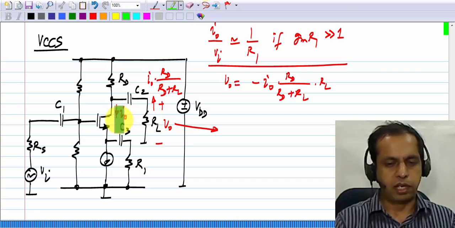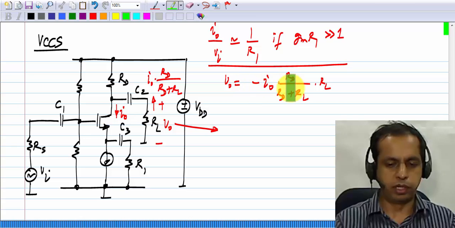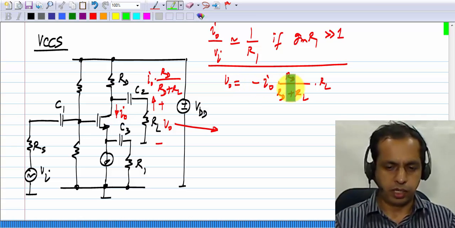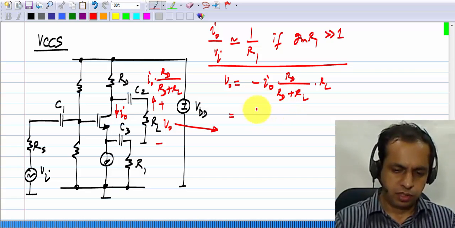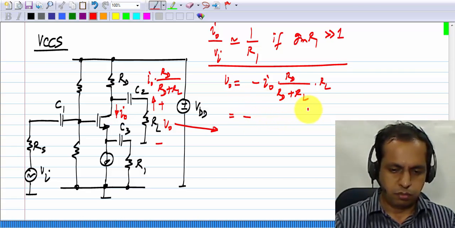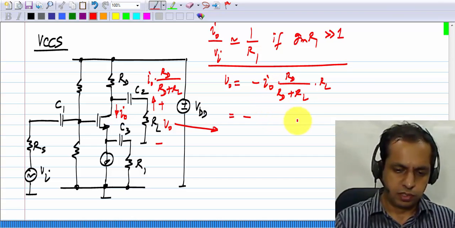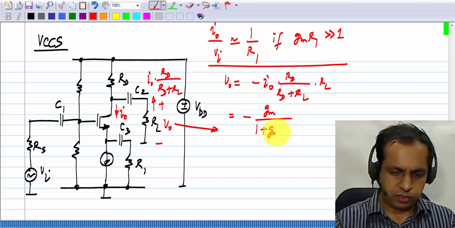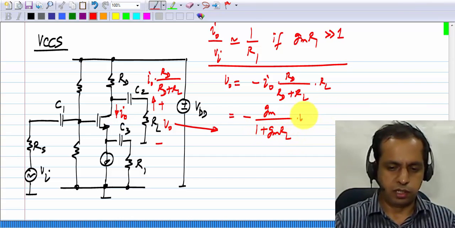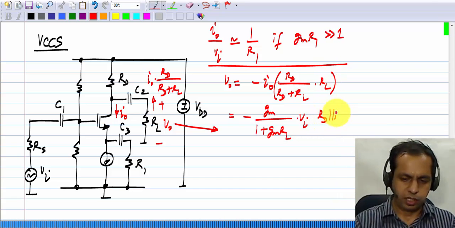Basically, this I naught is going through a parallel combination of RD and RL, and because of its polarity, we get a negative sign. Okay, and if I expand this out, I will get minus the exact value of I naught, by the way, is Gm by 1 plus Gm R1 times Vi, and this quantity of course is RD parallel RL.